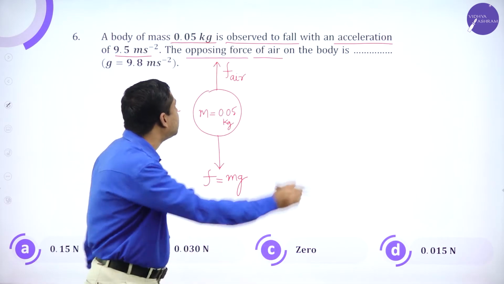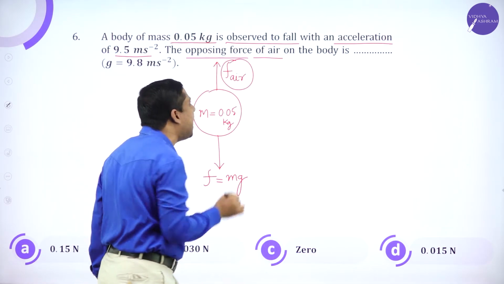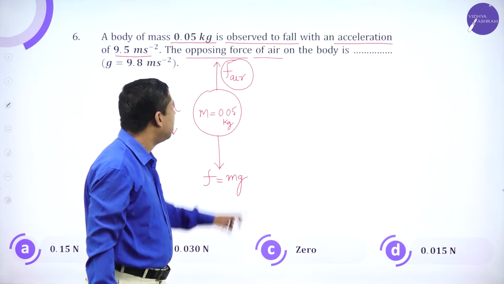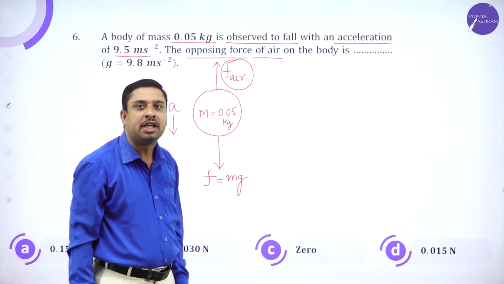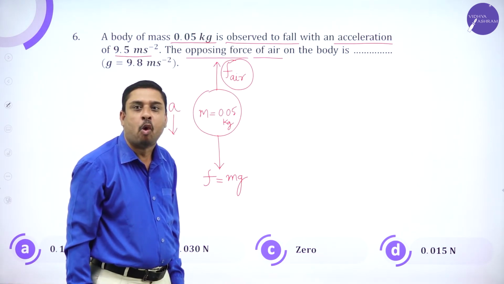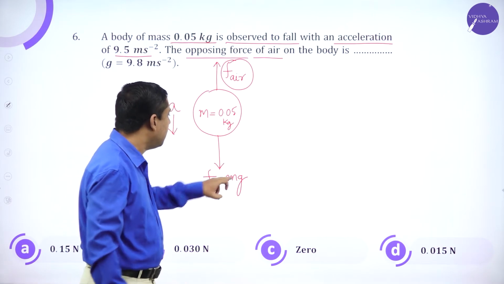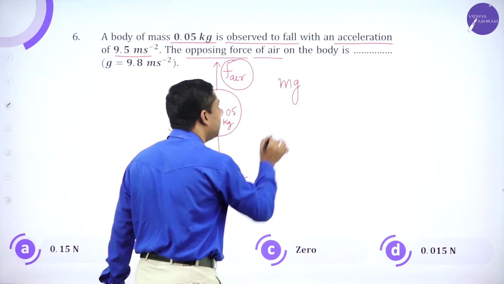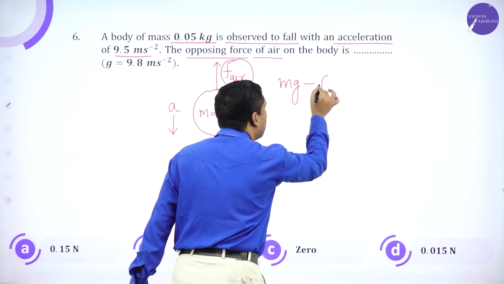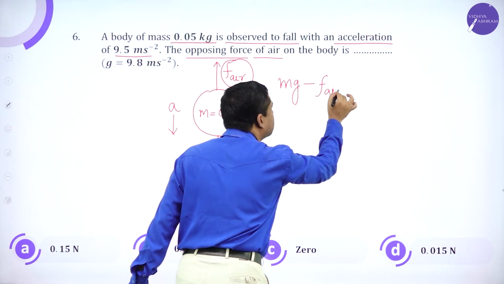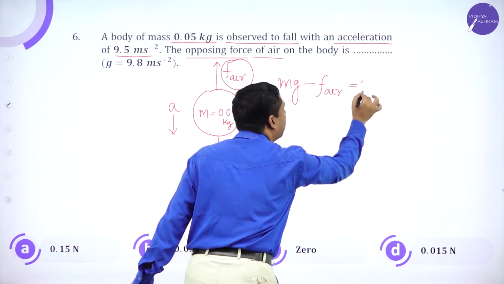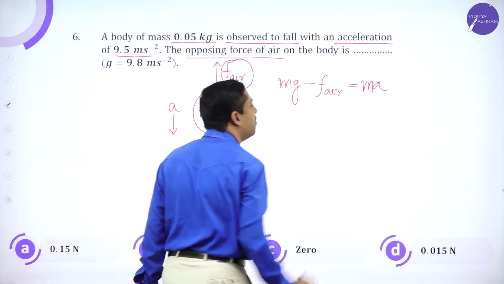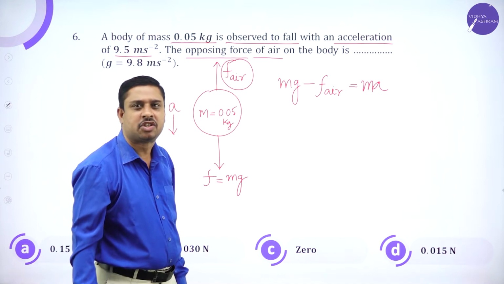That opposing force is created by air. I have to calculate this opposing force. So the downward force is mg minus the opposing force, F air, and this is mass into acceleration.